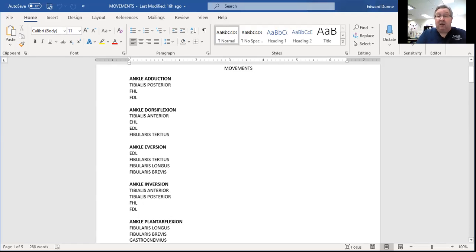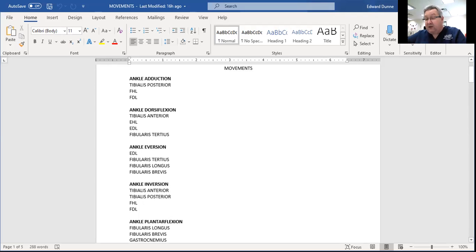So being the big toe is on the medial side, hence it brings the foot inwards. Flexor digitorum longus goes to the bottom of the foot and helps flex the toes and flexes the foot, the ankle also, but it also does adduction. It brings the foot inwards.